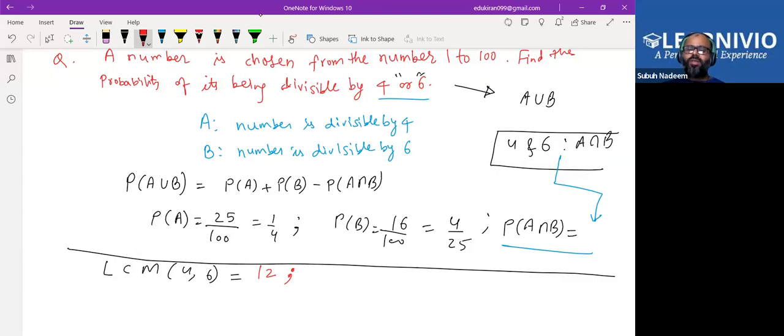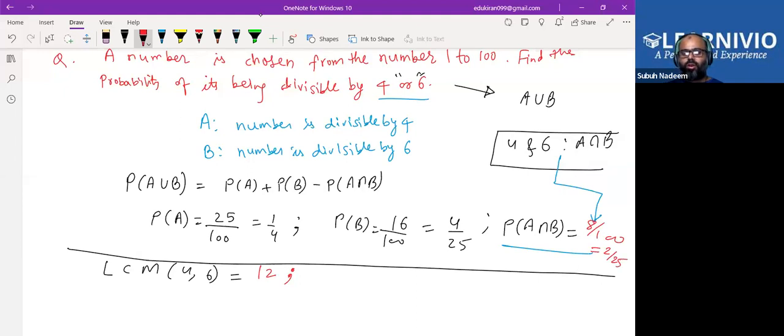How many numbers are there which are divisible by 12 till 100? 8.